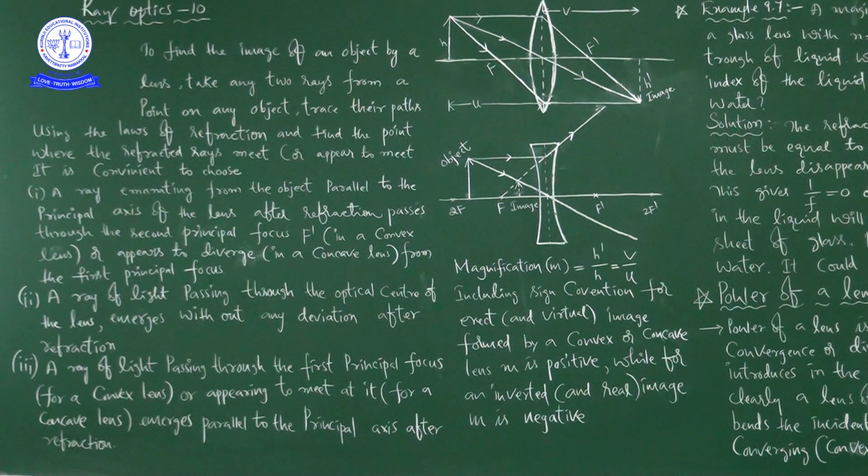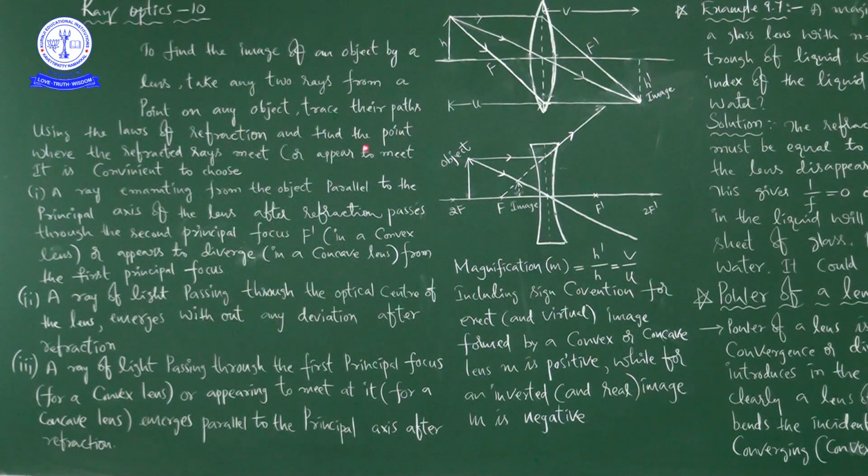To find the image of an object by a lens, take any two rays from a point on any object, trace their paths using the laws of refraction and find the point where the refracted rays meet or appear to meet.